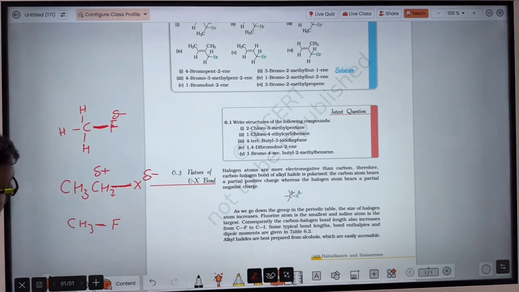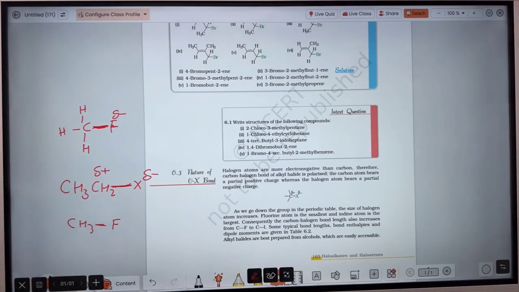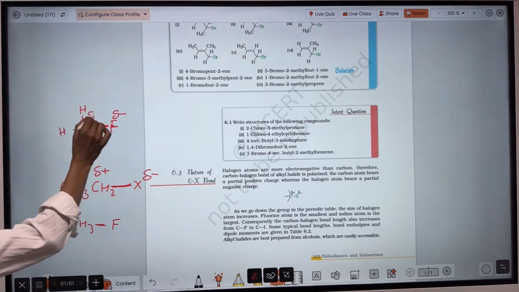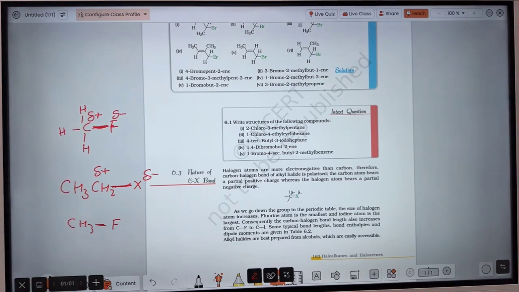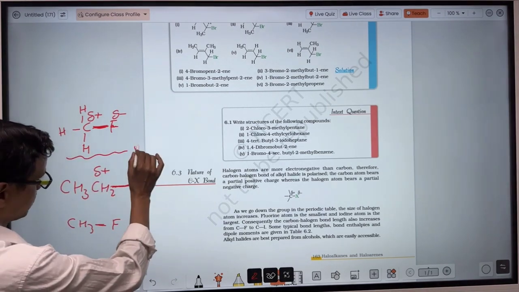So there is a slight development of negative charge on the fluorine atom because this sigma electron pair is slightly displaced towards the fluorine atom, and there is a slightly positive charge on this carbon atom.